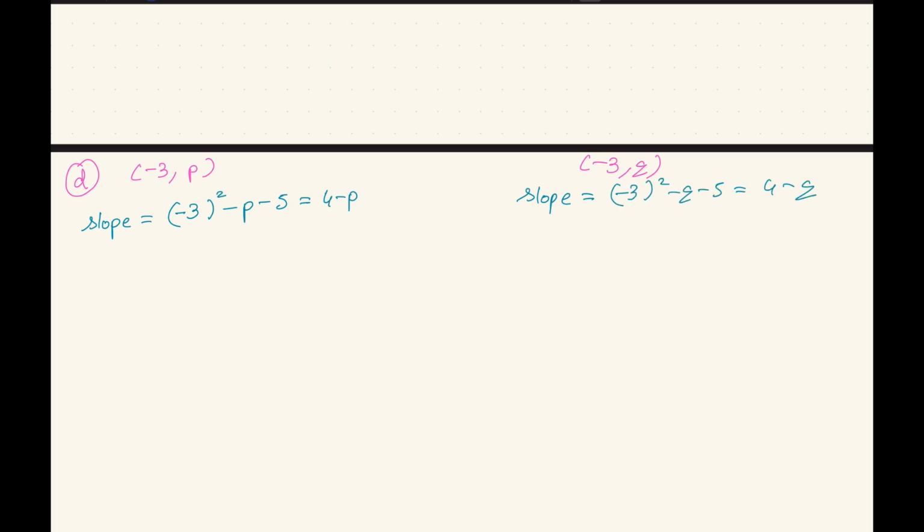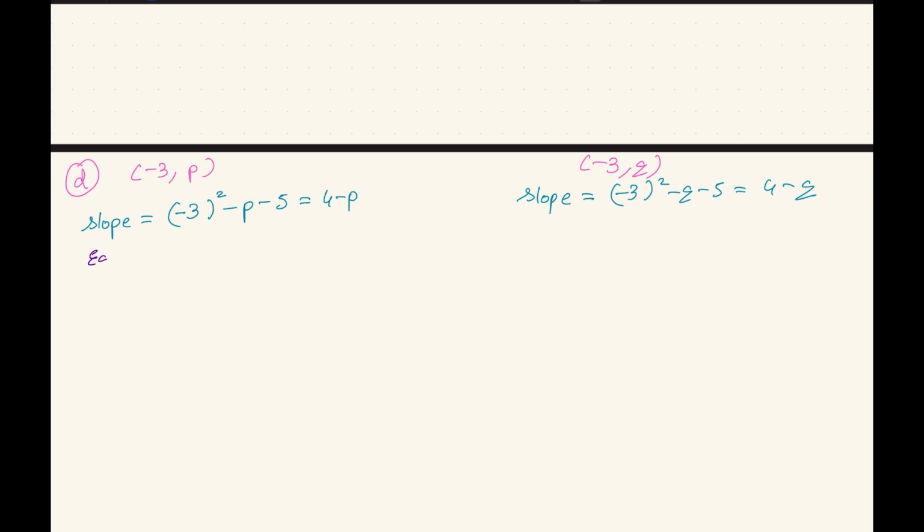Now the points are -3, comma p and then -3, comma q. We are drawing tangents at these 2 points. Now slope would be basically dy by dx, you plug in x and y. So it's x squared minus y minus 5, which is 4 minus p. Similarly for q, the slope would be x squared minus q minus 5, which is again 4 minus q.